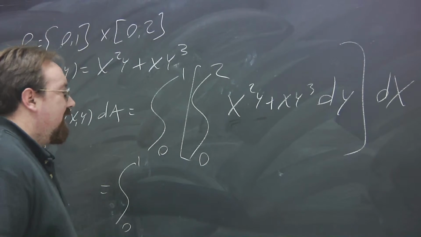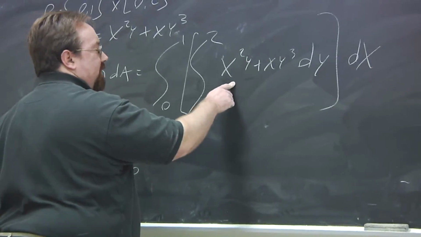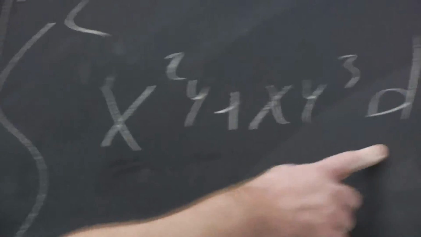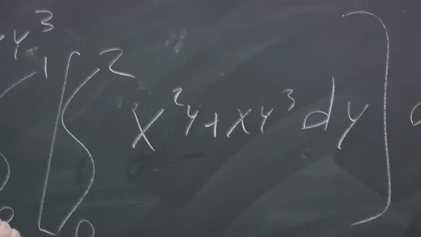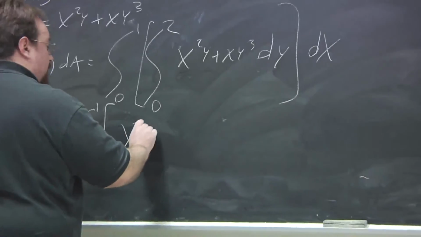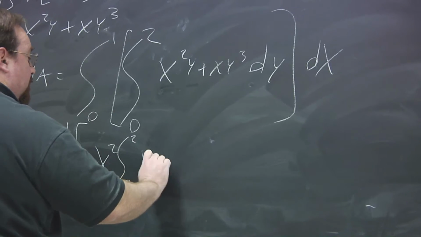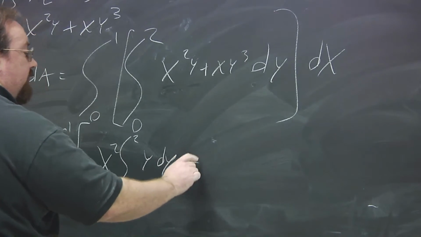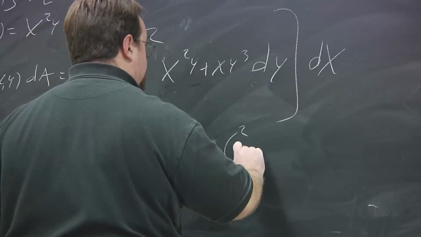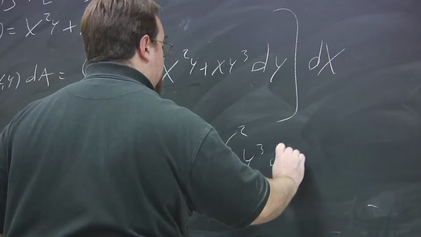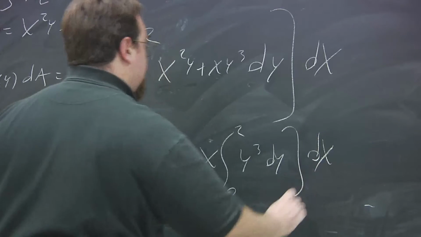So if x is going to be a constant and we're integrating with respect to y, we can pull the x squared out. So now what we're going to have is x squared, integral from 0 to 2, y dy, and then for the other term, x we can pull out, integral from 0 to 2, y cubed dy, dx.